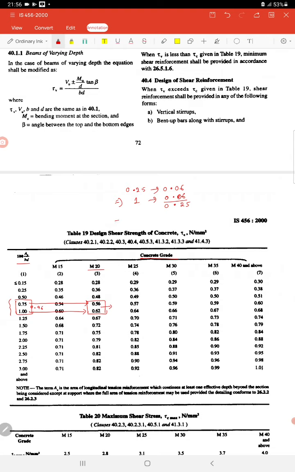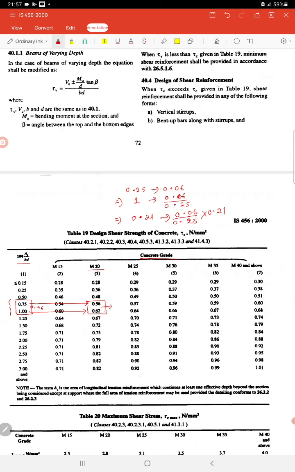For how much do we require? 0.96. So 0.96 minus 0.75, that will be 0.21. So 0.06 divided by 0.25 into 0.21 gives this value x.